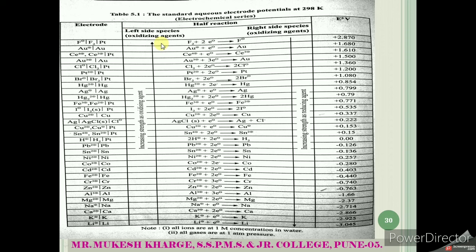So here fluorine, then chlorine, then bromine, then iodine are placed at the top side, and they have positive SRP values. They undergo reduction themselves, and they oxidize other substances. So they are good oxidizing agents, and they are above the SHE. This is the SHE line, 0.0.